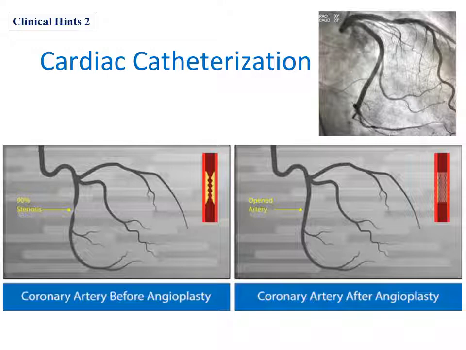We could open this stenosis of the artery, which could be due to an atherosclerotic plaque, by coronary angioplasty, just dilating the area with a dilatation balloon, or by putting in a stent.